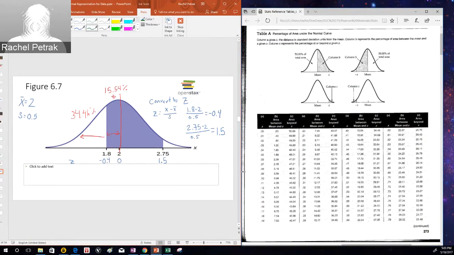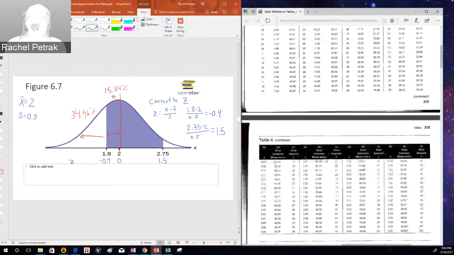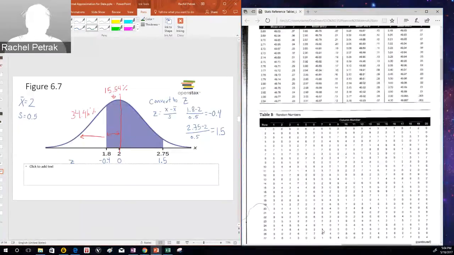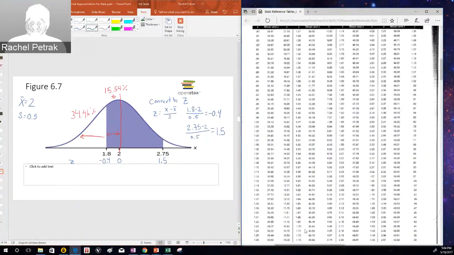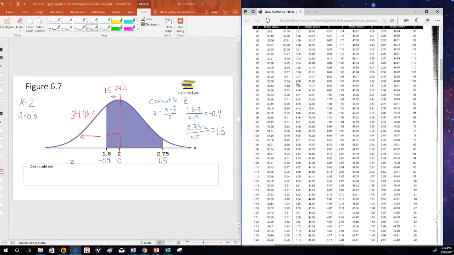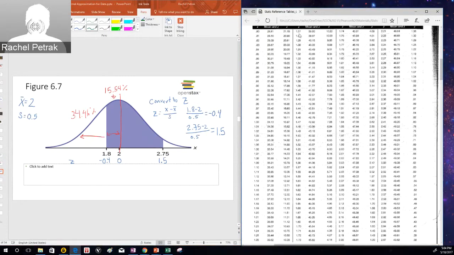We next need to find our other z-score and the proportions of the distribution for it. And there are two different ways to solve this problem, at least. And I'm going to show you two different ways to address a problem like this. So I'm just following along this table.